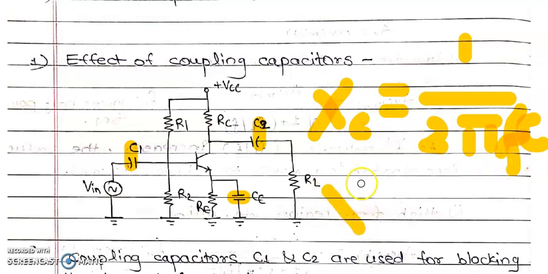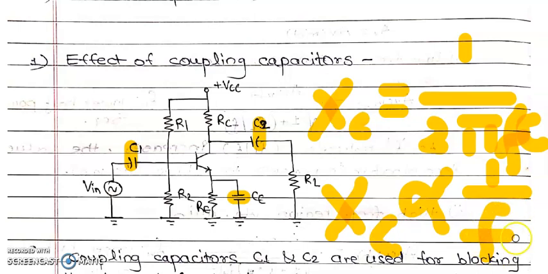So XC is inversely proportional to F, means XC is proportional to 1 upon F. That is, the reactance of a capacitor is inversely proportional to the frequency.